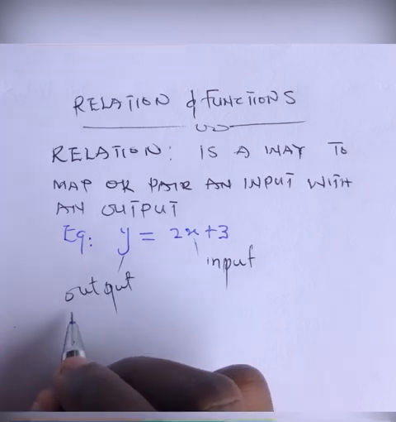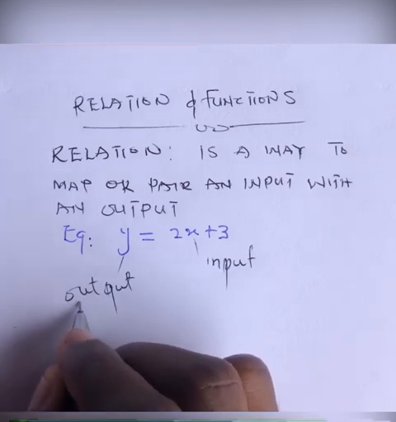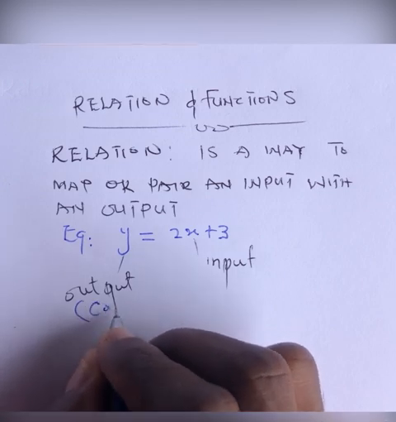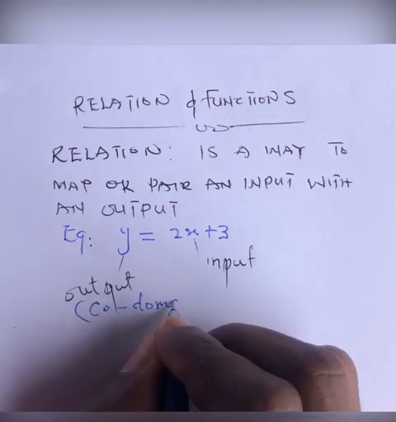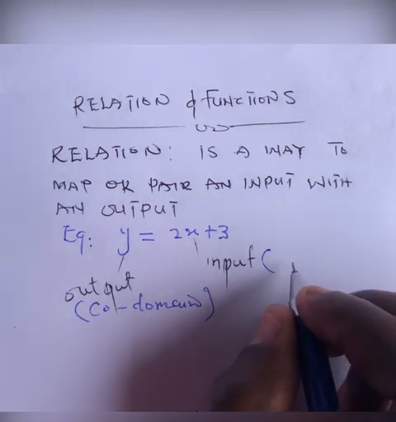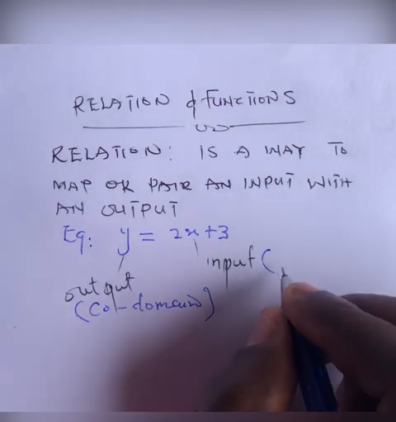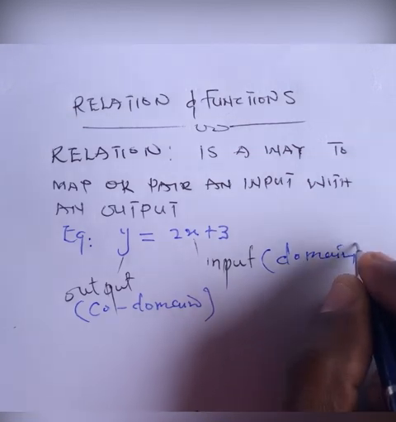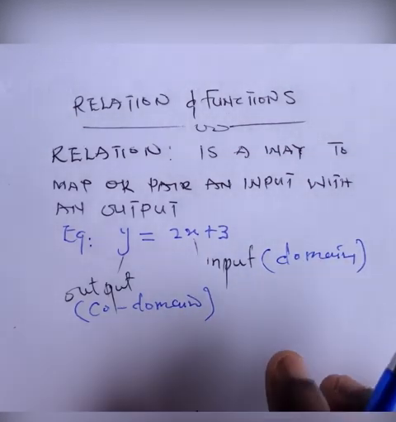And the y value here is also known as the codomain, and this x value is known as the domain.